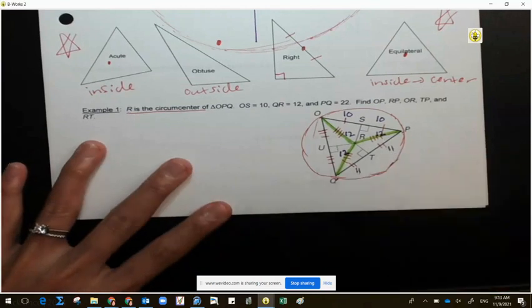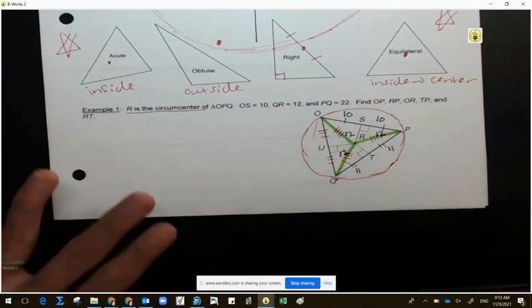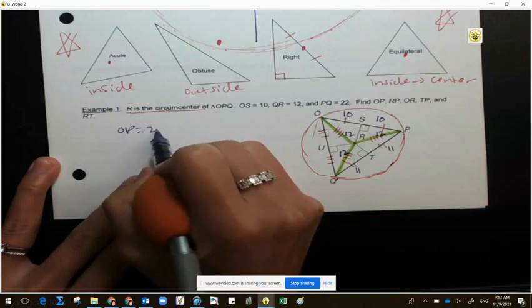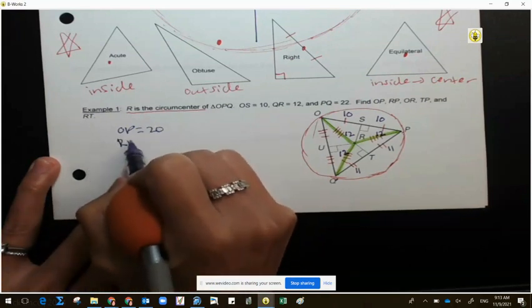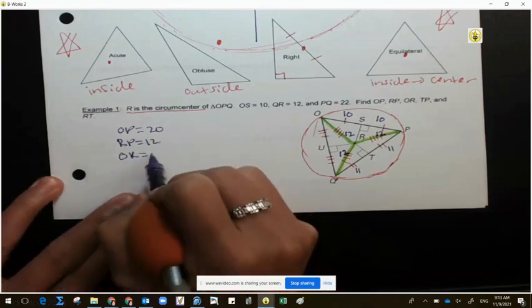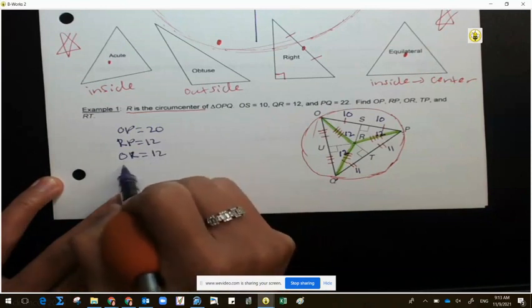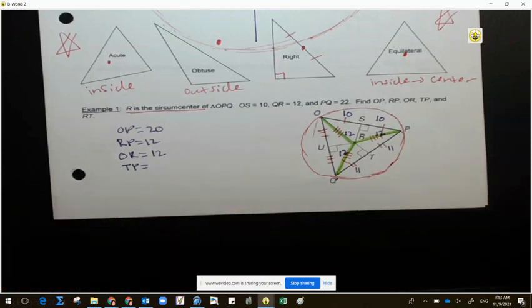And then we're looking for OP. OP is equal to how many then? 20. What about RP? 12. What about OR? Also 12. And then we have TP. TP is 11.